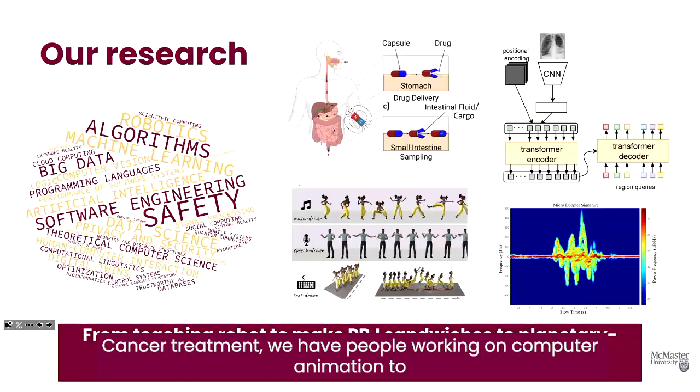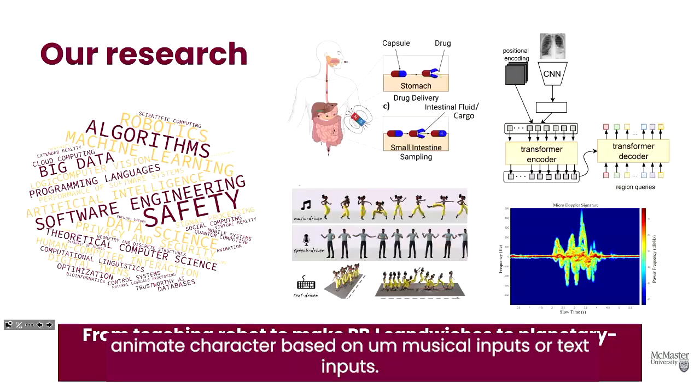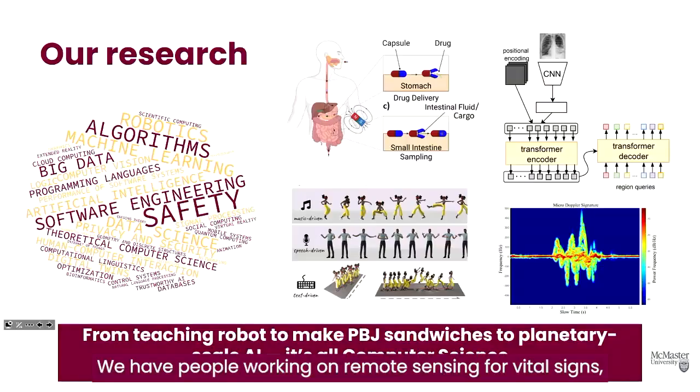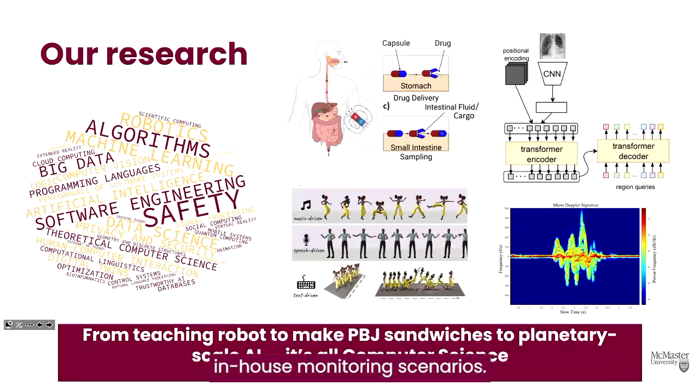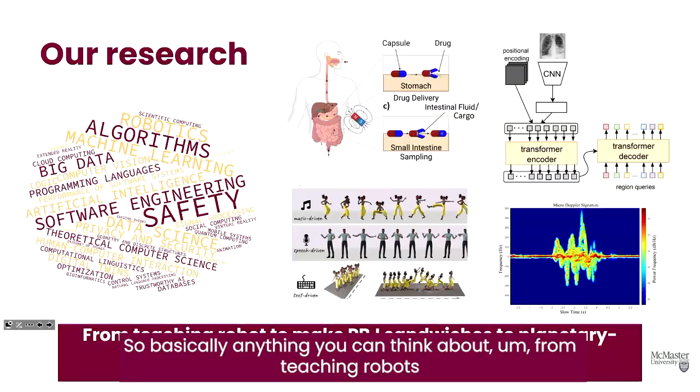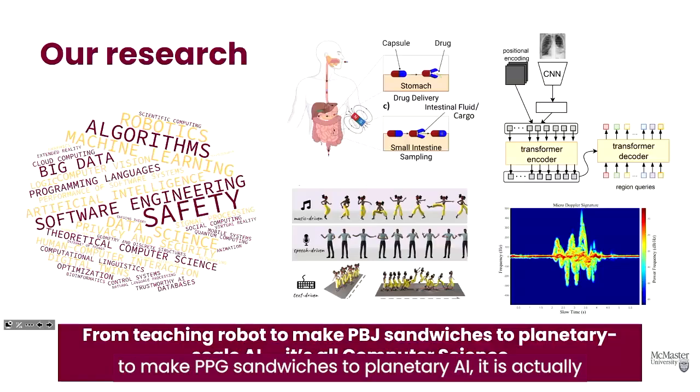We have people working on computer animation to animate characters based on musical inputs or text inputs. We have people working on remote sensing for vital signs in health monitoring scenarios. So basically, anything you can think of, from teaching robots to make PB&J sandwiches to planetary AI, is something that computer science can offer.